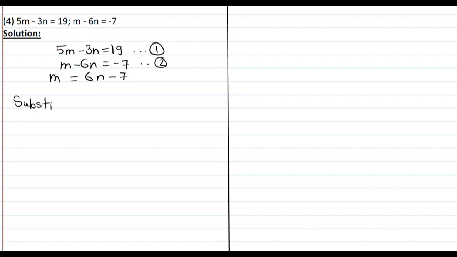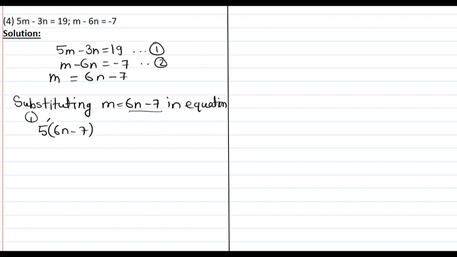Now, substituting m equals 6n minus 7 in your equation 1, see what we will get. 5 times, instead of m, we are going to write this 6n minus 7, so 5 times (6n minus 7) minus 3n equals 19.